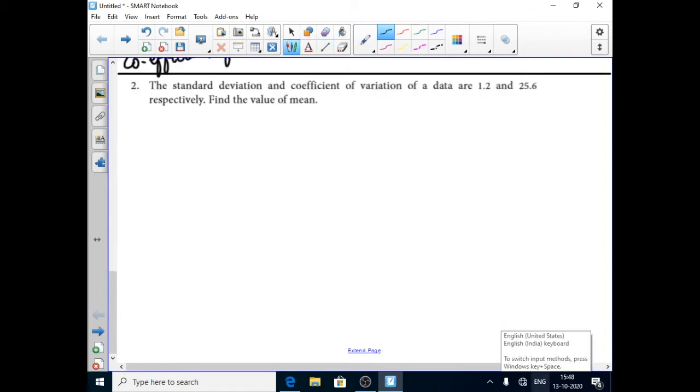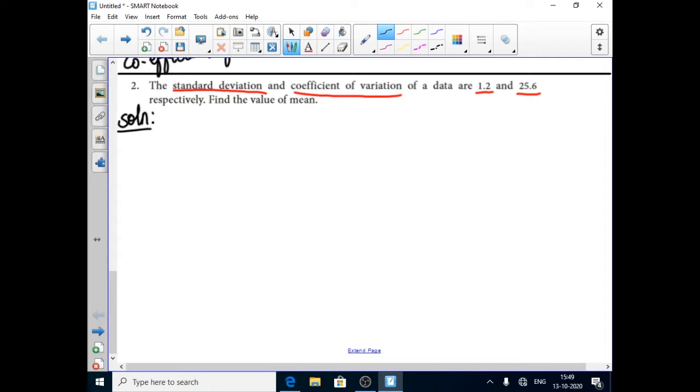Okay, second sum. The standard deviation and the coefficient of variation of a data are 1.2 and 25.6. You have to find the value of the mean. So solution: write what is given in the question.